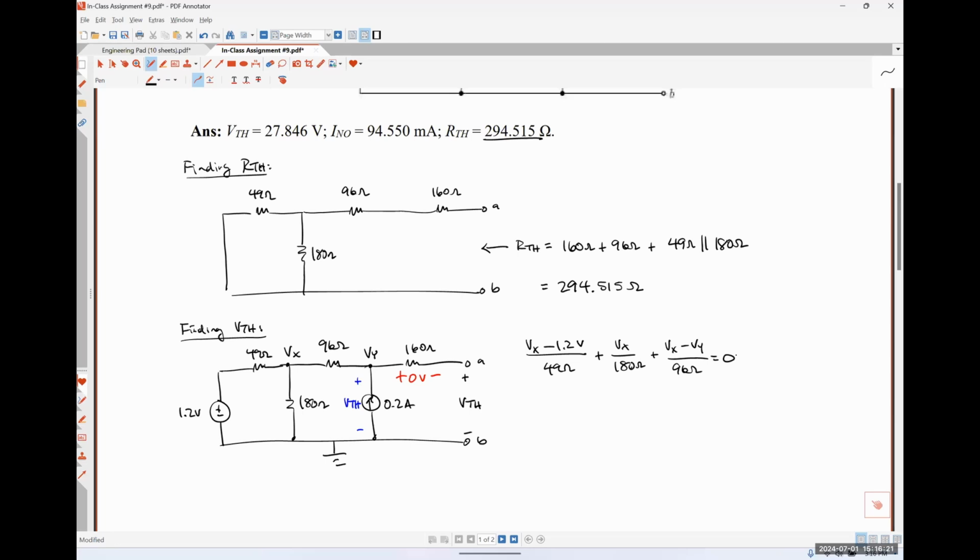Then we would have Vy minus Vx over 96 ohms minus 0.2 amps is equal to 0. And we would solve this system for Vx and Vy. So let's do just that. If anybody has any questions about any of the terms in those nodal analysis equations, please let me know and I'll be happy to explain them.